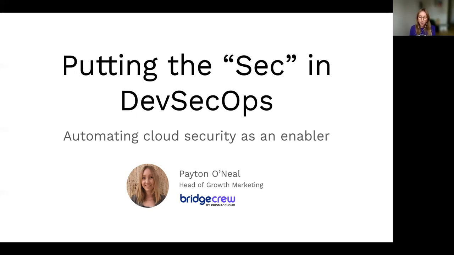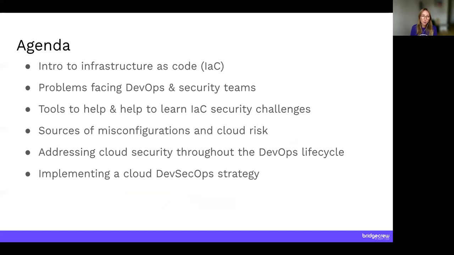We're definitely going to be coming at it through the lens of cloud security and infrastructure security, and have a packed agenda. I'm going to start out by giving an introduction to infrastructure as code, or IaC. Then we'll look at some of the problems facing DevOps and security that we as Bridgecrew see in the industry, within our community, and within our own customer base.